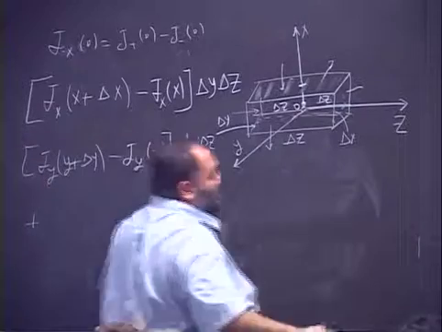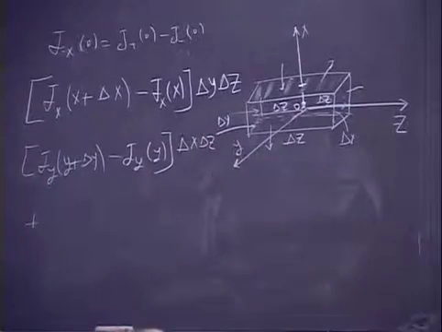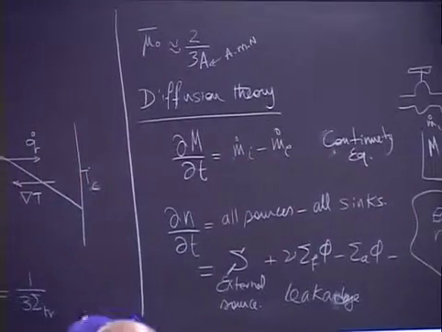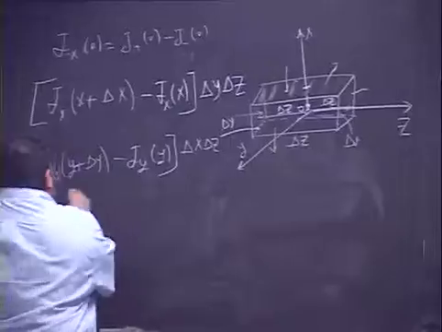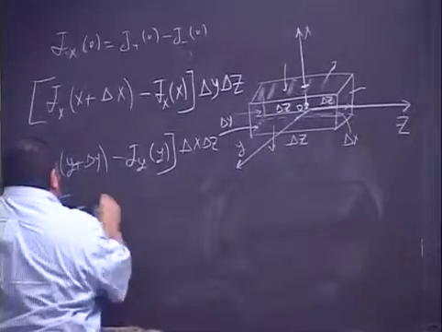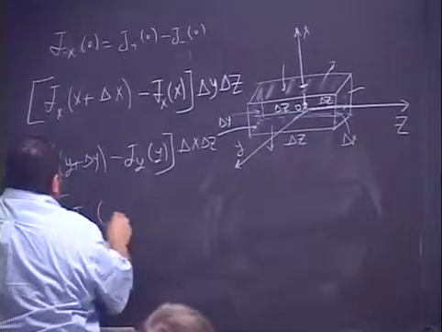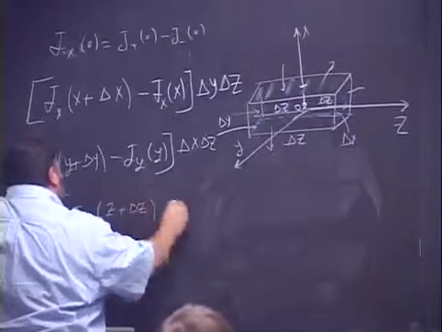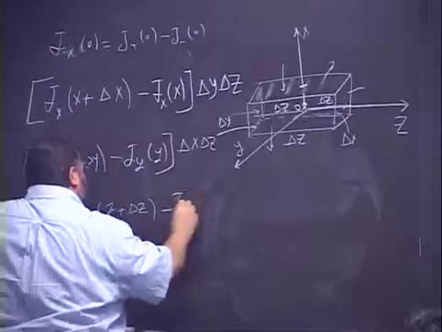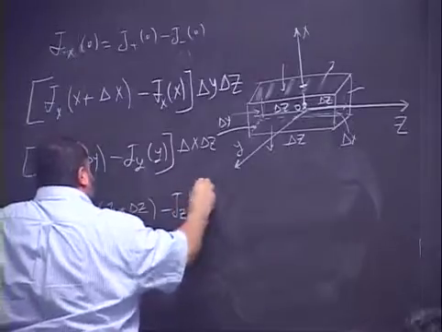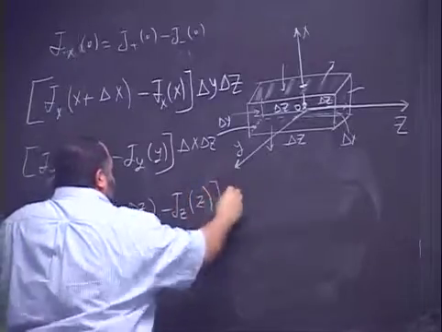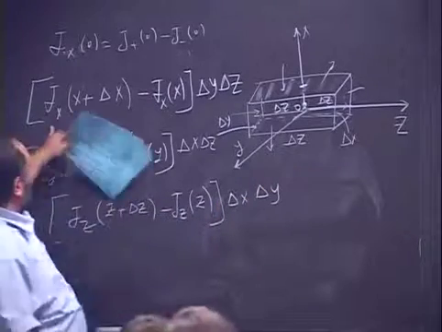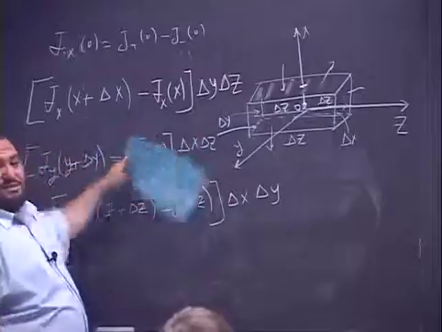This is the difference between m dot inlet and m dot exit, which is the current inlet and current outlet. And the current in the z direction will be at z plus delta z minus the current in the z direction at z, multiplied by delta x, delta y.